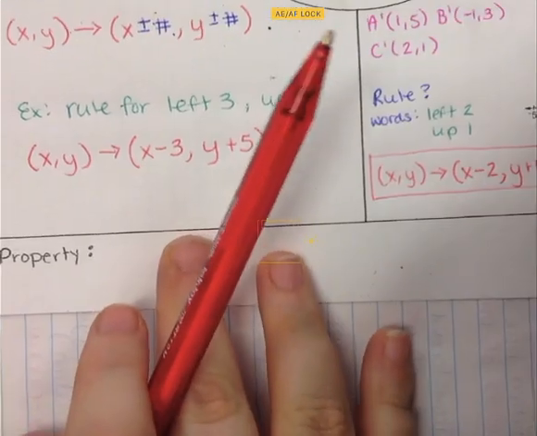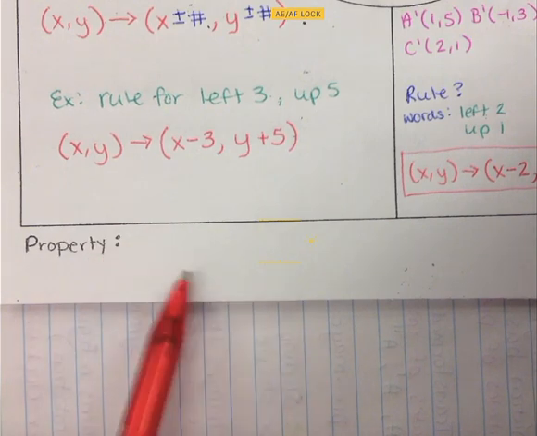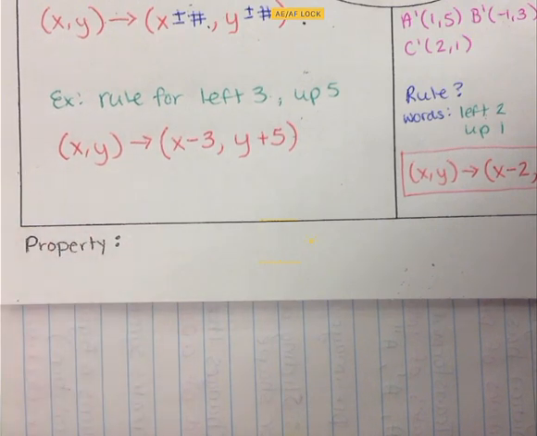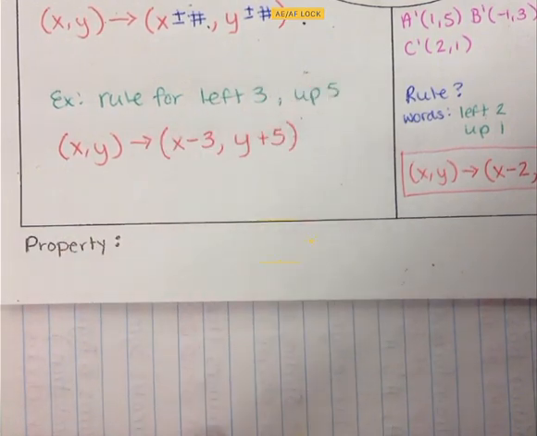The property for translations, this is how you can actually use the properties to prove that a translation has occurred. There are properties for all of the transformations, so you prove that property to prove that the transformation has occurred.